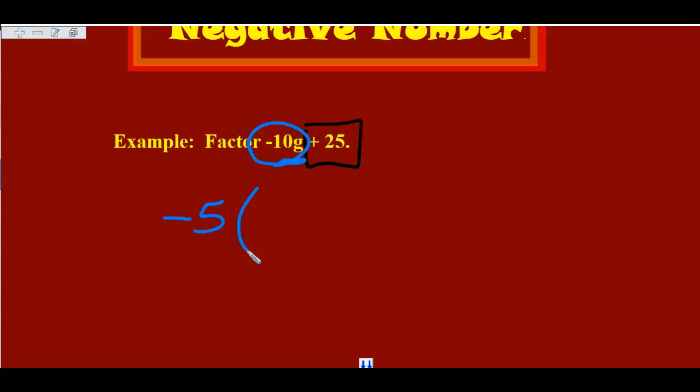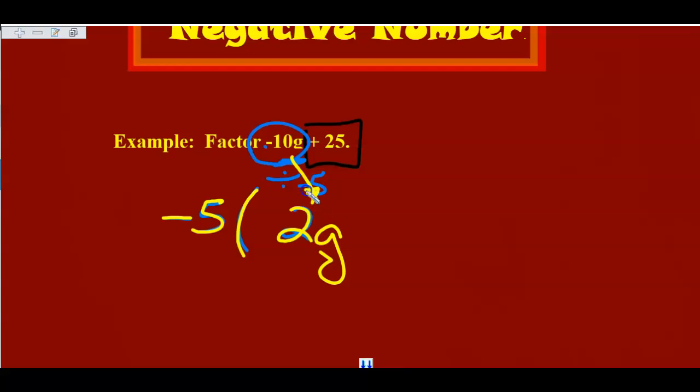Negative 10g divided by negative 5. Well, 10 divided by 5 is 2. And then we have a negative and a negative. So a negative divided by a negative is going to be a positive. Okay? So it's just 2, and then g tags along.